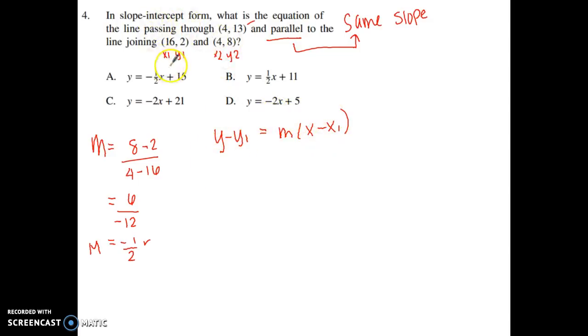We are going to go ahead and choose our (4, 13) point. So I'm going to say y minus 13 is equal to m, our new slope, which is negative 1 over 2, times x minus x1, which in this case is 4.